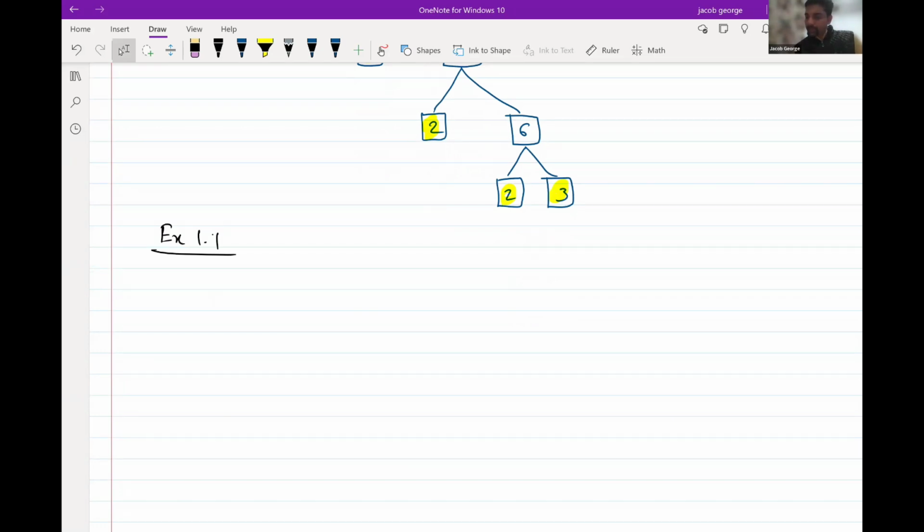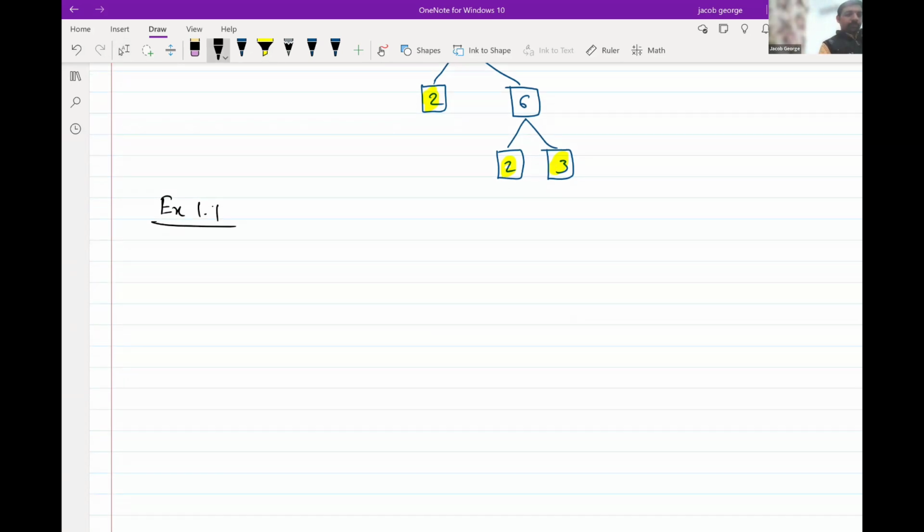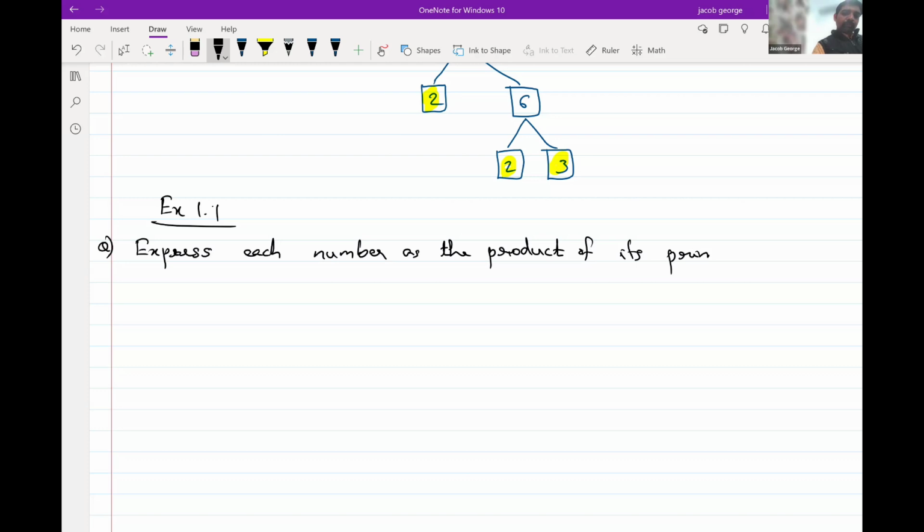Express each number as the product of its prime factors.